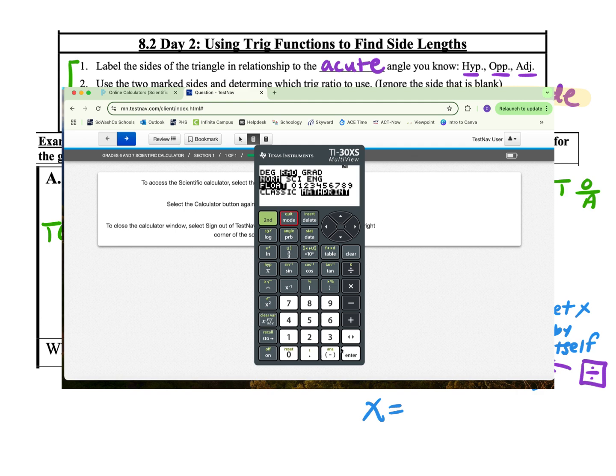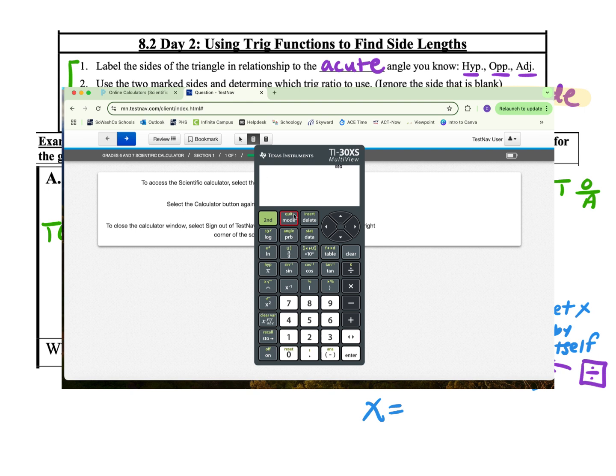All of our angles will be measured in degrees. So I'm going to move my cursor over degree, hit enter, and now degree should be highlighted. Then I'm going to switch it. You can either be math print or classic. It doesn't matter. I guess I'm going to switch to classic mode. And then I'm going to go second, quit.